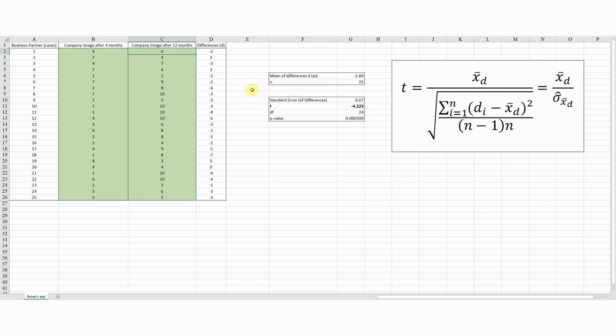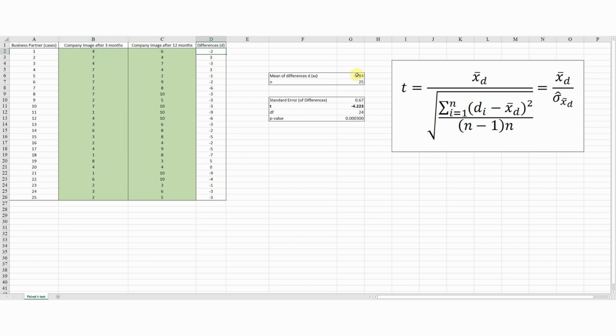Now let's look a little bit more in detail how you do this. So first, the mean of the differences. What you will do first is you have to calculate each difference. So you go through each row and calculate the difference.